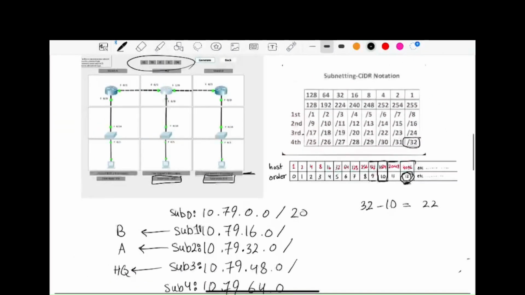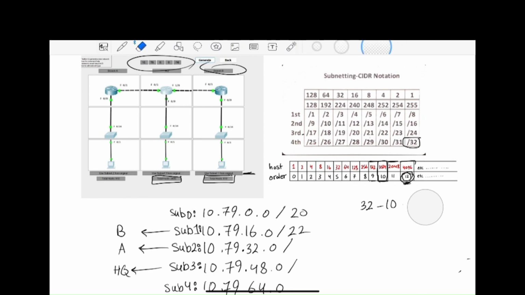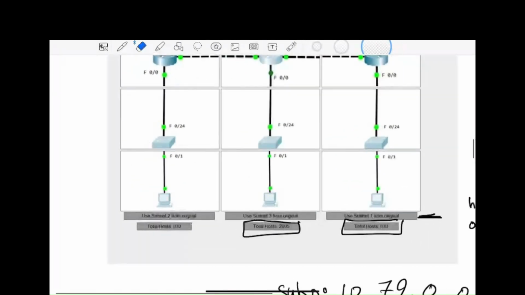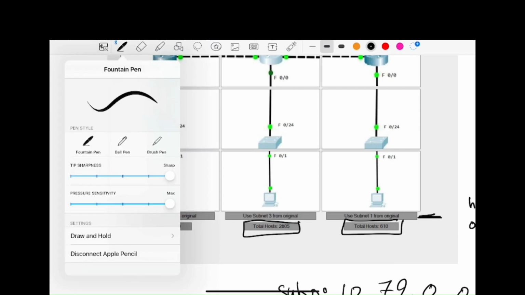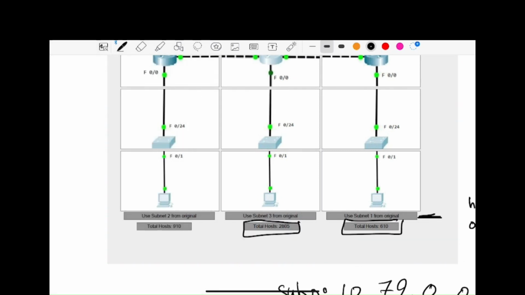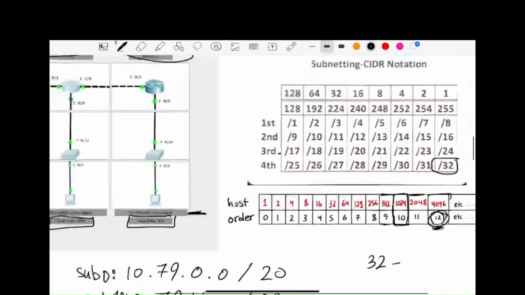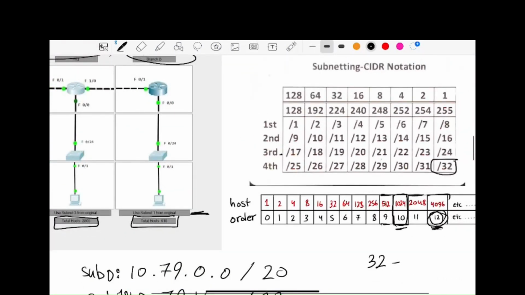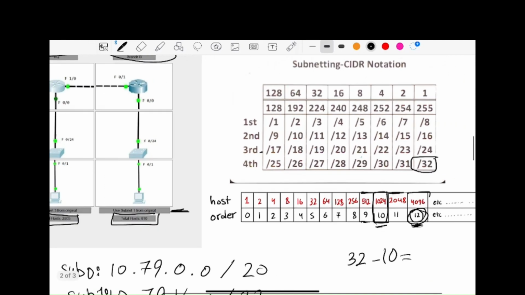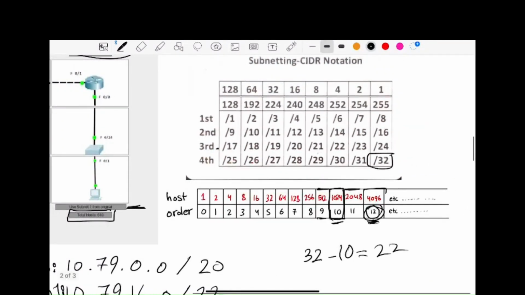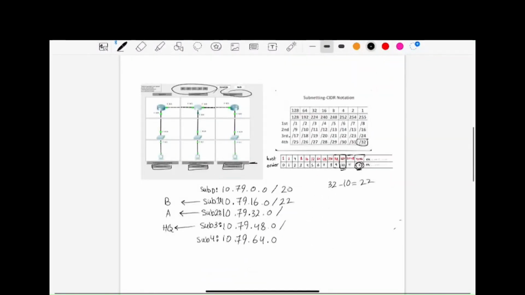So we know branch B is a /22. And branch A wants 910 hosts, and we know that will fit here, so /22 again. That will be branch A.